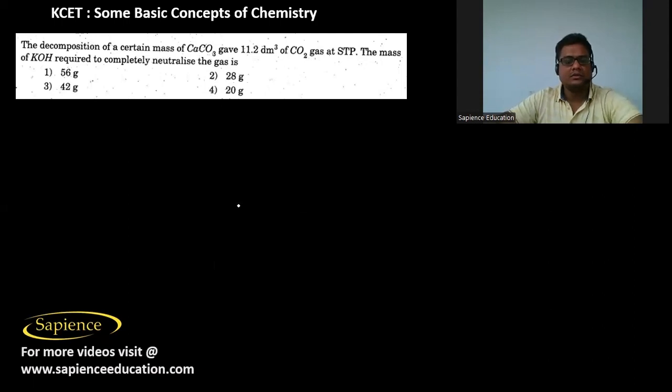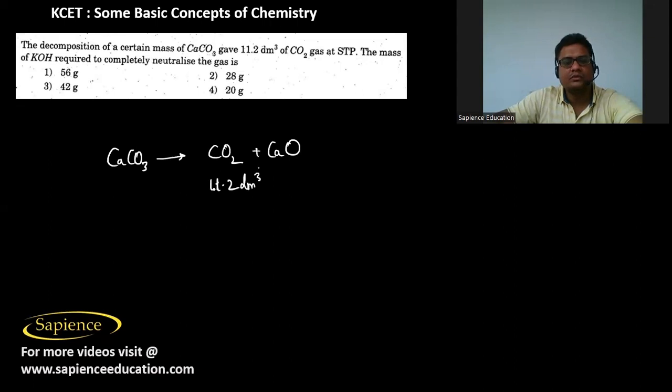Then here it is told the decomposition of a certain mass of CaCO3 gave 11.2 decimeter cube of CO2 gas at STP. So it will form calcium oxide plus CO2, and here it gave 11.2 decimeter cube of CO2 from a certain mass of CaCO3. The mass of KOH that is required to completely neutralize the gas.